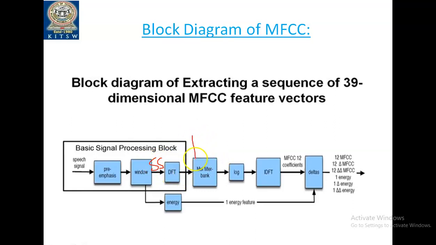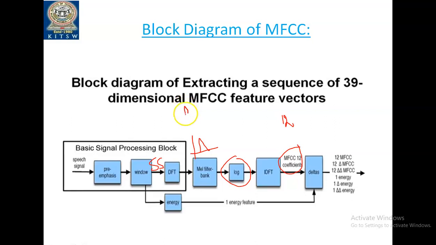Now this is the Mel filtering bank in the triangular structure like this, and when you apply the logarithm, and then the IDFT, you will get many coefficients, but among them we are only concentrating on the 12 MFCC coefficients.